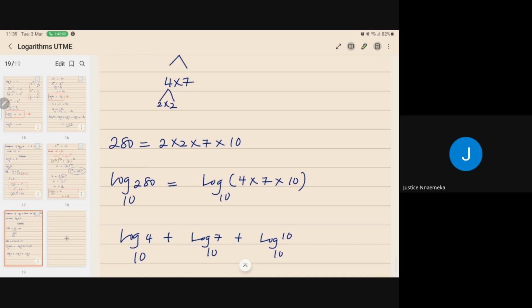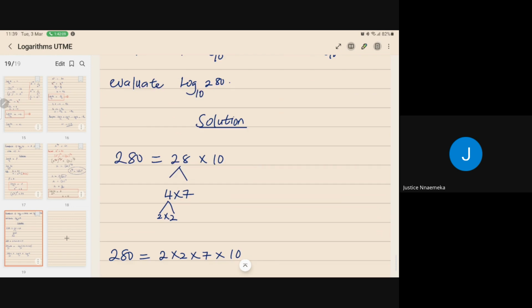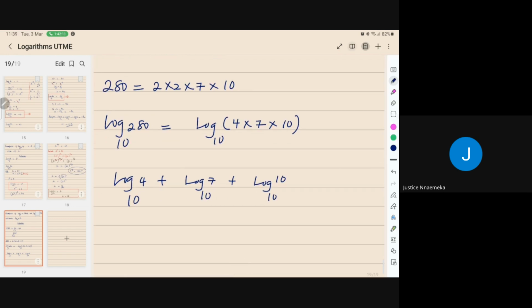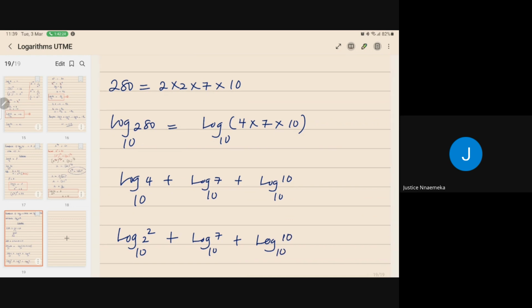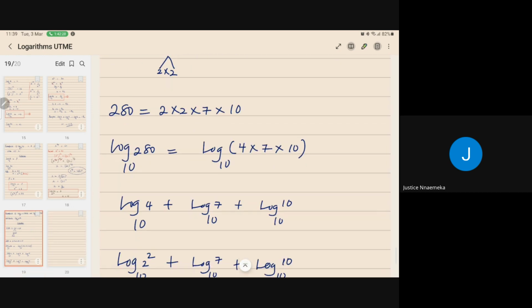Now we don't have log 4. What they gave us was log 10 of 7, which is 0.8451, and log 10 of 2. But remember that log 4 can be broken down into log 10 of 2 squared, plus log 10 of 7, plus log 10 of 10. Now I told you log 10 of 10, the log of the same base, will give you 1.